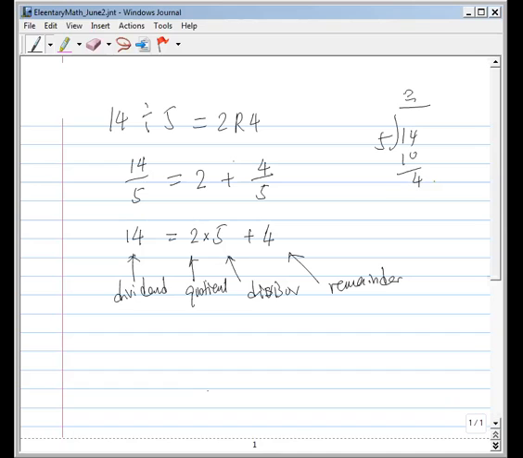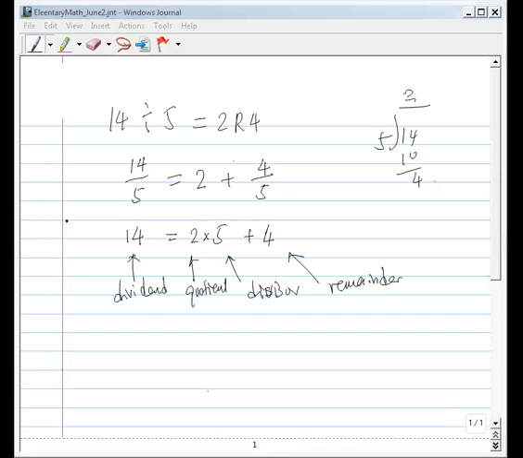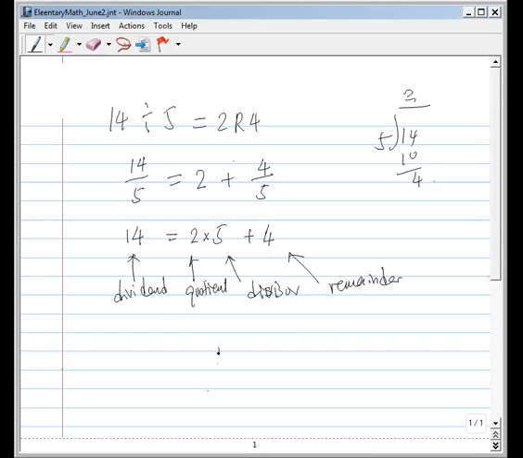So the dividend is going to be the quotient times the divisor plus the remainder. This is a relationship. Now, in general, let me put a little more structure.